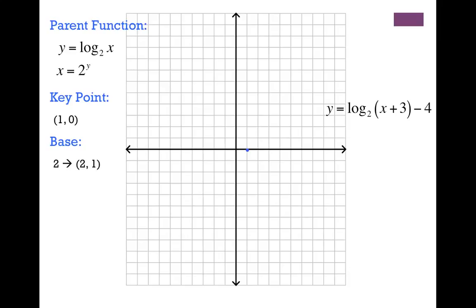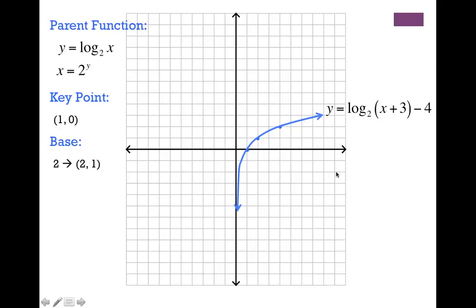And then the base in this case is 2, so we know another point would be the point (2, 1). We could also keep going with points in this case and maybe put in a 2 for y to get a 4 for x and plot a point like (4, 2). After you've put in a few points to help you with your curve, you can fit the curve in, and that gives you the curve for the parent function.